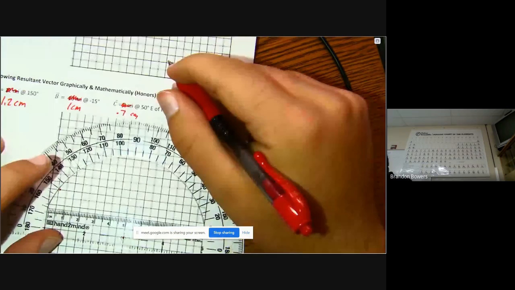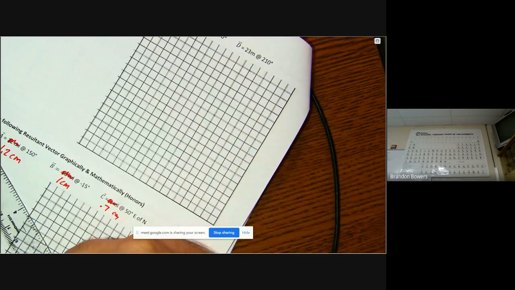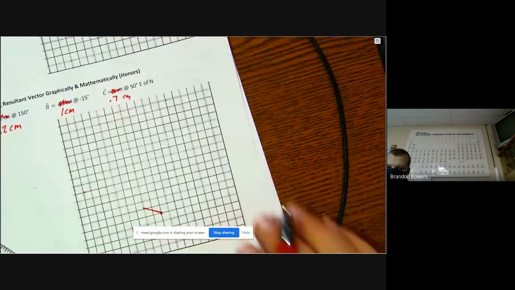I have to travel 1.2 in that direction, 1.2 centimeters. Beautiful. Hopefully your first line looks something like that.